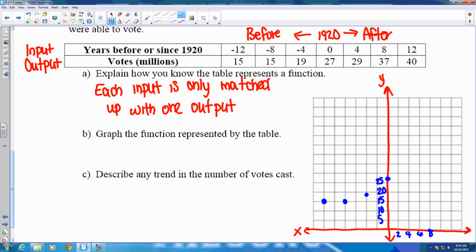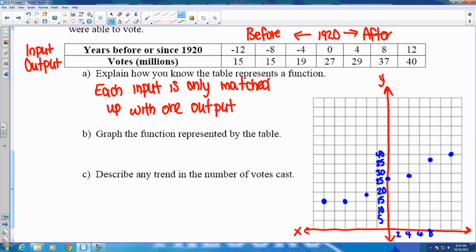So I might actually just continue labeling this because we need to go all the way up to 40. And that wasn't that many more letters. 8, 37. And 12, 40.